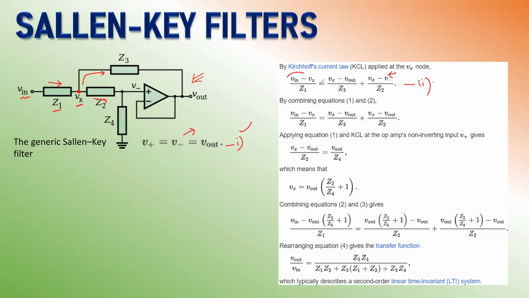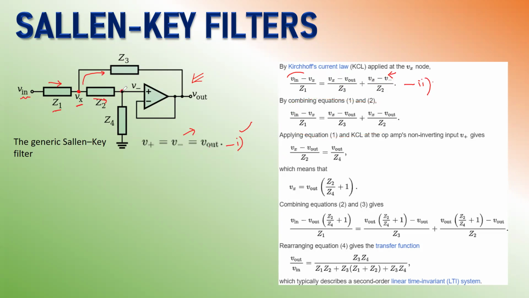This term stays as it is, but Vx minus V minus would be replaced by Vx minus V out, and that's how we get this equation.